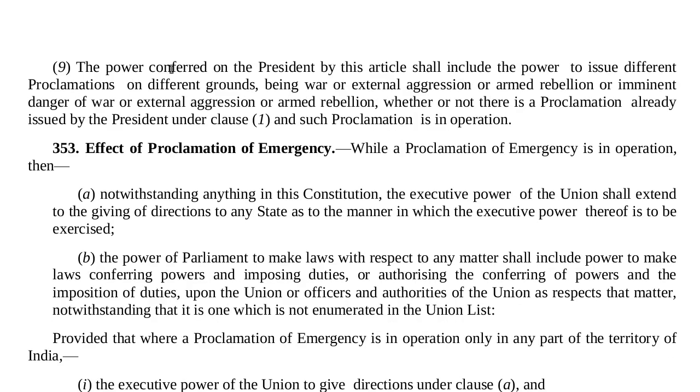9. The power conferred on the President by this article shall include the power to issue different proclamations on different grounds, being war or external aggression or armed rebellion or imminent danger of war or external aggression or armed rebellion, whether or not there is a proclamation already issued by the President under clause 1 and such proclamation is in operation.